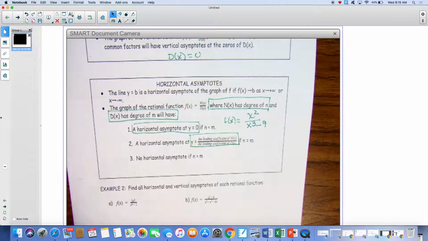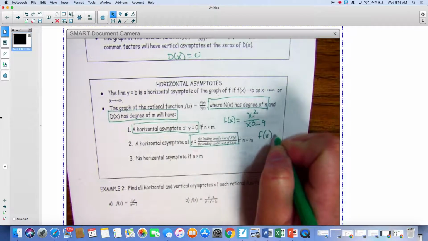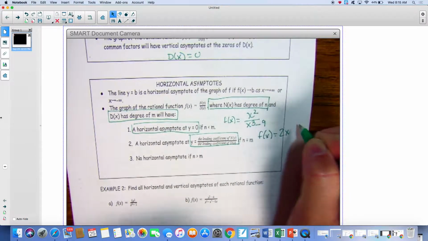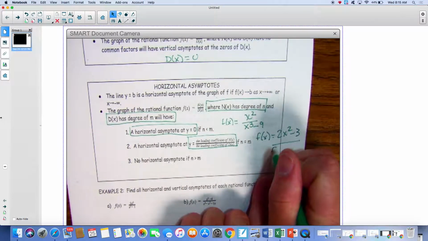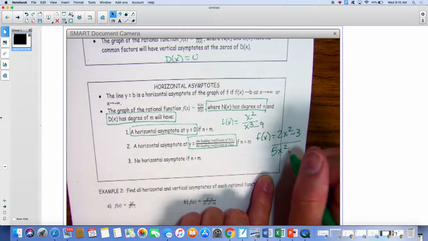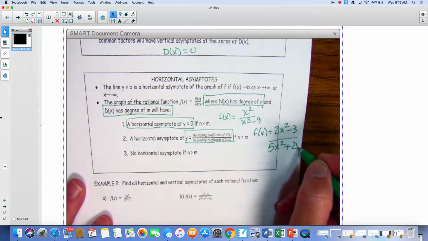So for example, if I had f of x equals 2x squared minus 3 over 5x squared plus 2.